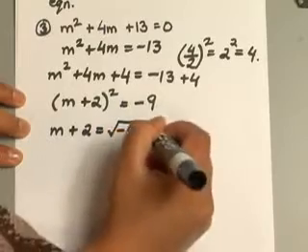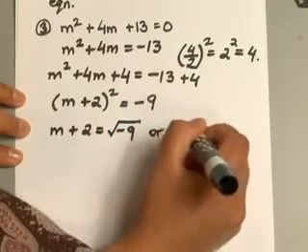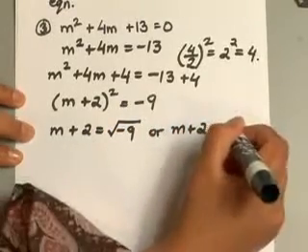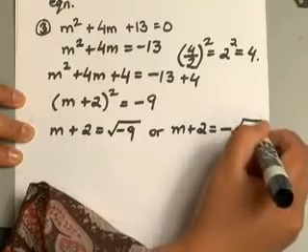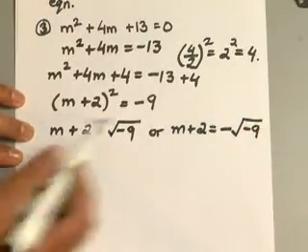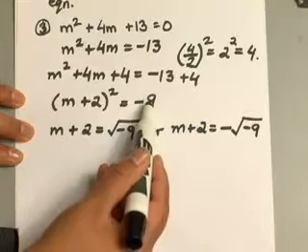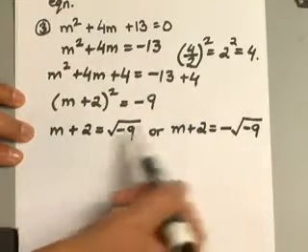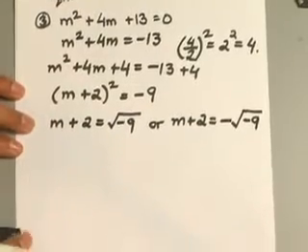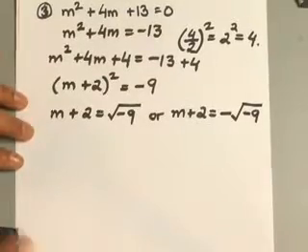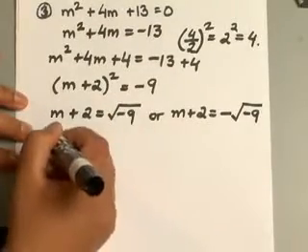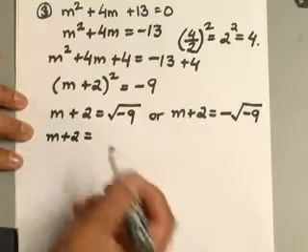Now we will apply our square root property, which will give us m plus 2 equals square root of negative 9, or m plus 2 equals negative square root of negative 9. Remember, the negative on the 9 goes inside the radical by our square root property.